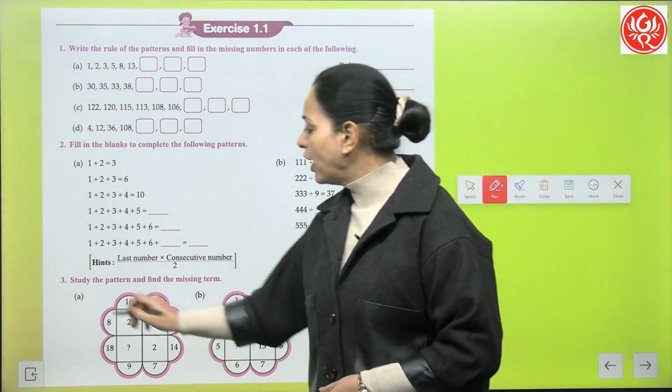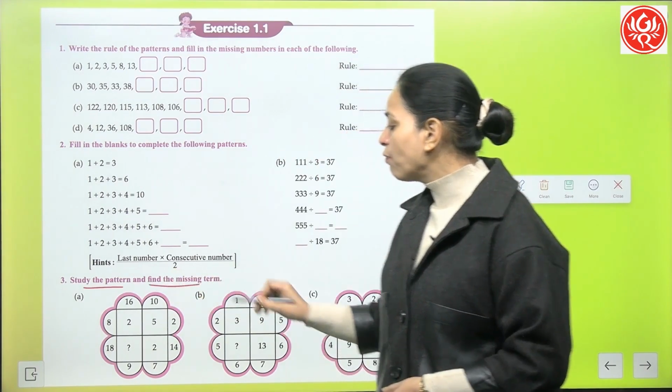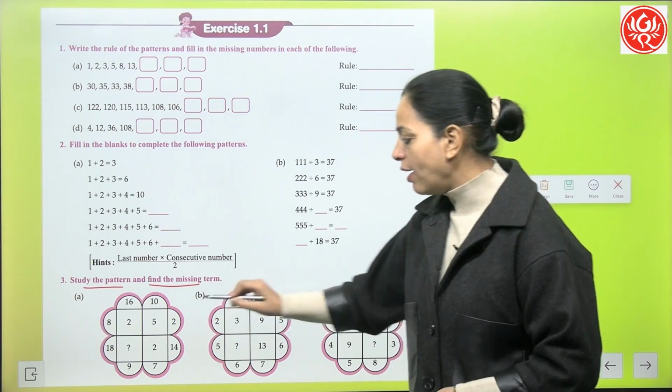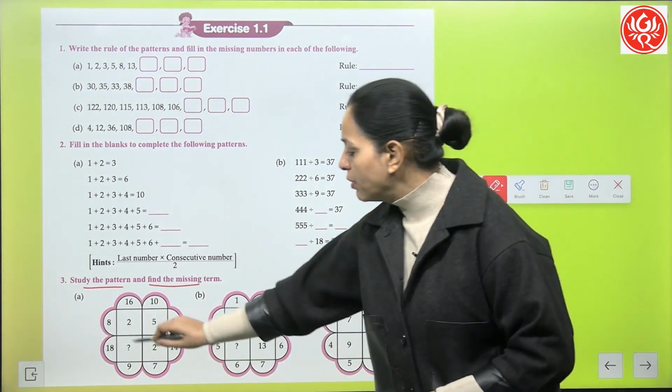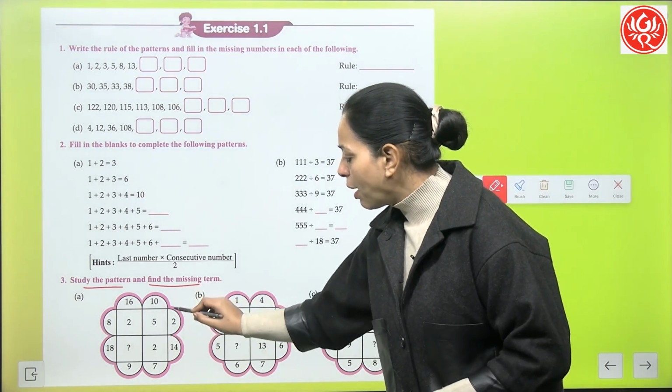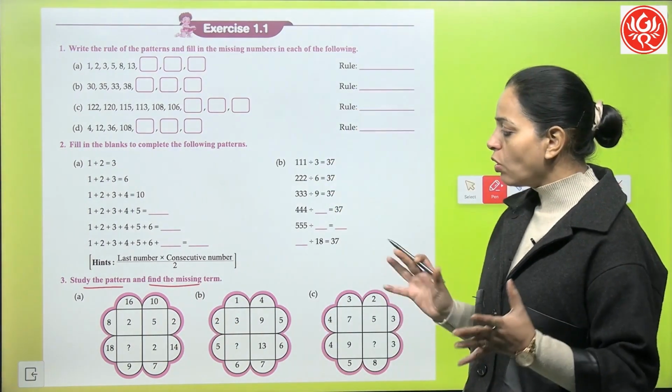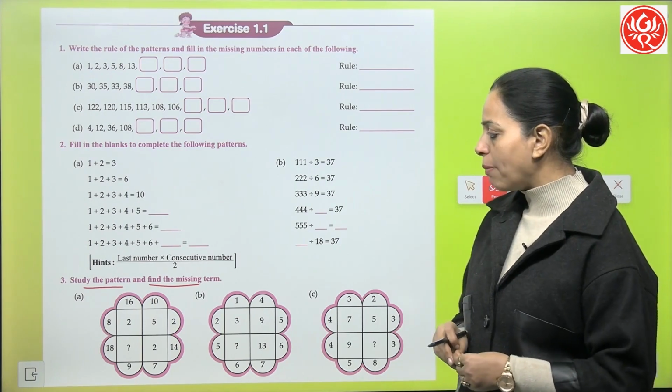Now the third one, study the pattern and find the missing term. See here A part, we can see some numbers here and some numbers in these semicircles. So see what is the relation between these numbers.